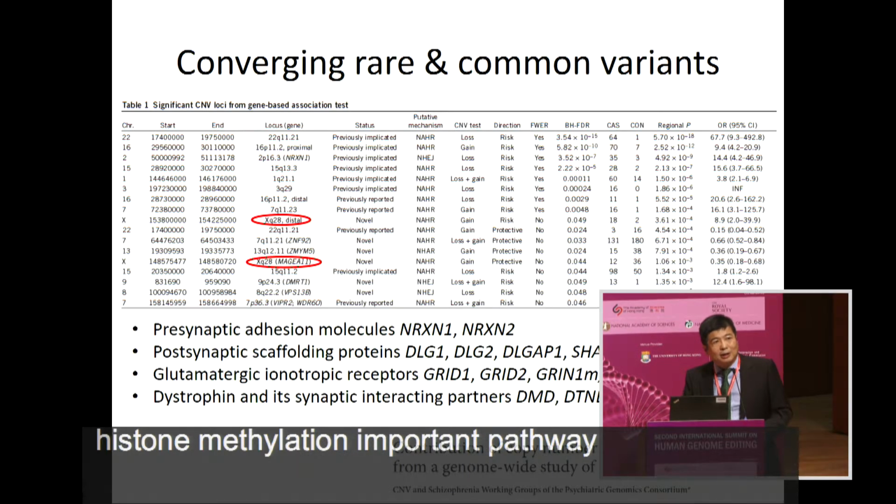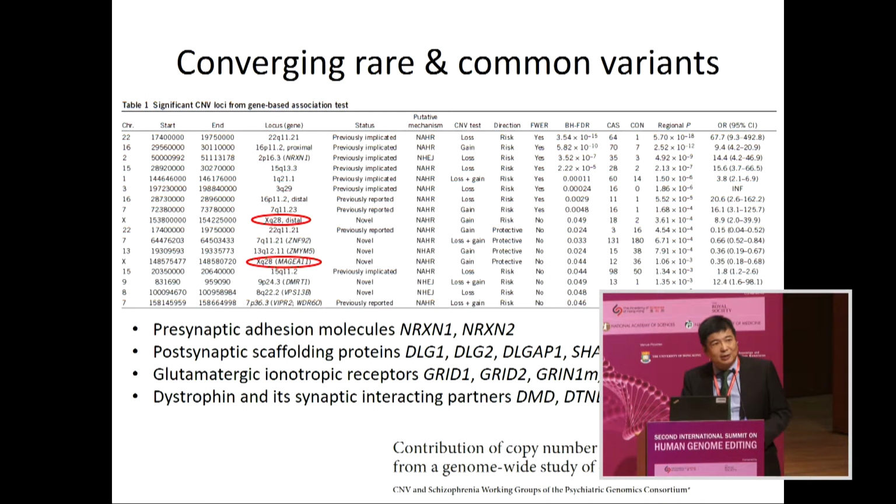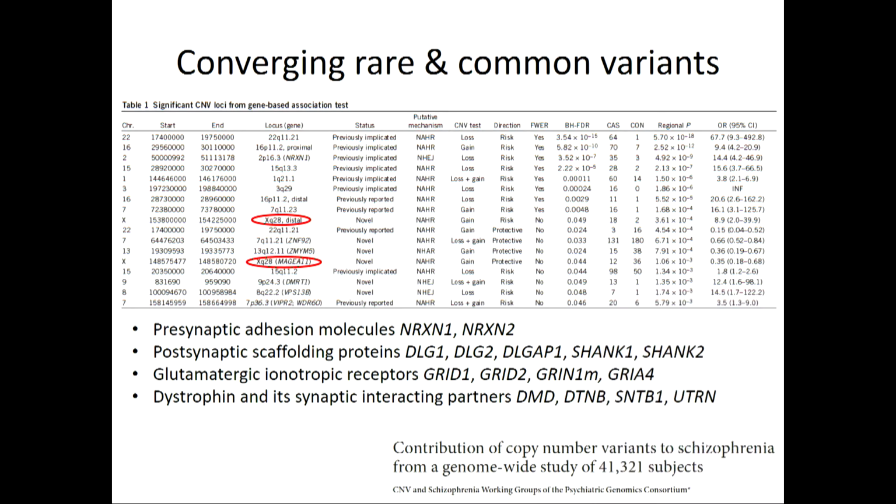And so we were quite pleased that the study on copy number variants in schizophrenia also identified chromosome Xq28. And so we have a convergence of common variants detected by GWAS and rare variants, these copy number variants, onto the same genomic locations in the same genes.